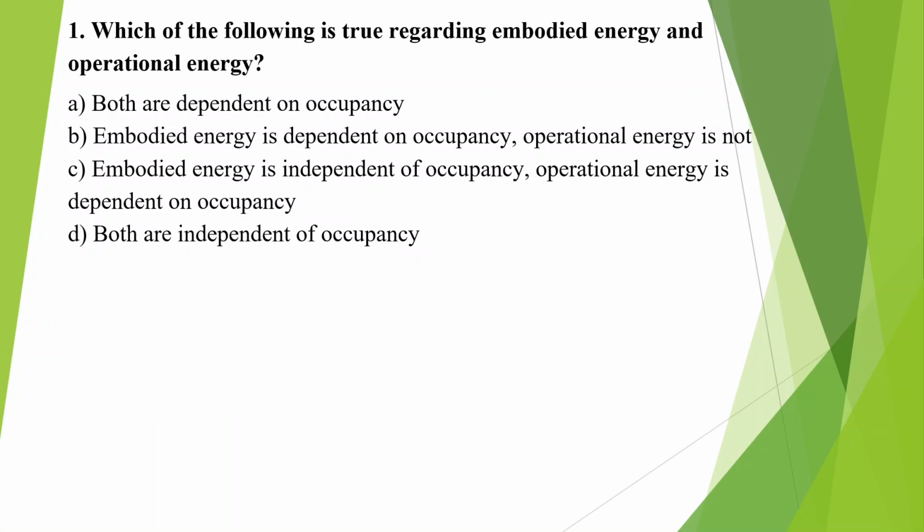If you're talking about occupancy, we are the occupants of the house. So which energy is dependent on us? Let's see how many of you understood the question and appreciated the concept by giving the correct answer in the chat box.